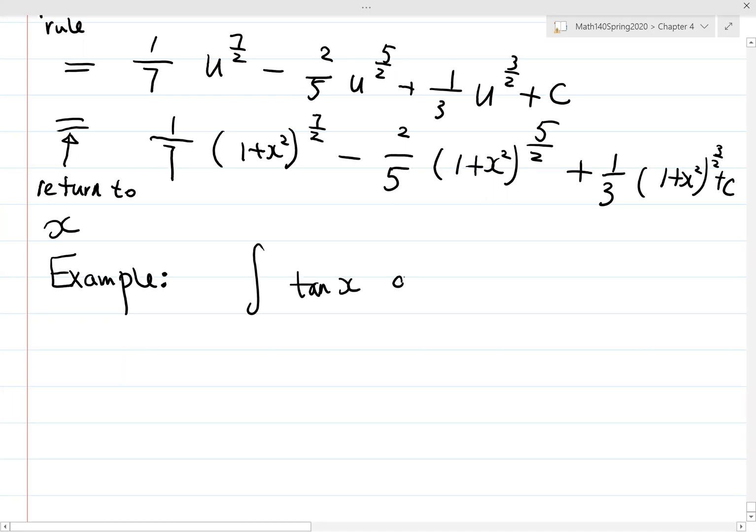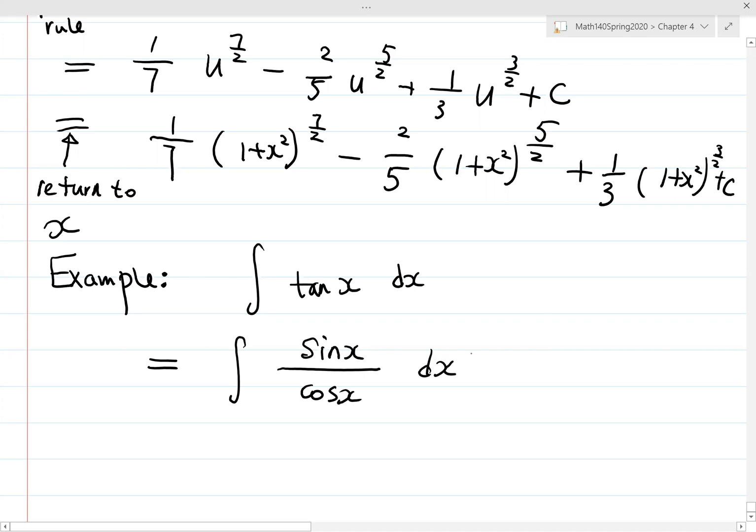Tangent x dx. What substitution do we use? Well, this tangent x requires a technique to deal with trig. First of all, we haven't done tangent x yet; it's not in the entry table. So by definition tangent is sine x over cosine x, dx.